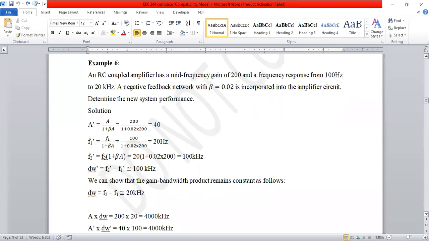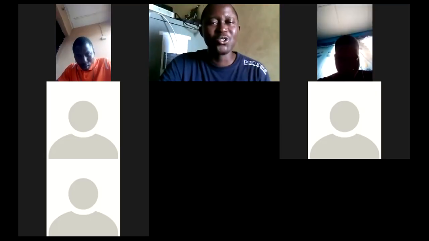Basically, the system performance depends on the gain and the bandwidth. After the negative feedback is applied, there will be a new gain and a new bandwidth. So we want to calculate that. Then we are going to check whether the gain multiplied by bandwidth before feedback is equal to gain multiplied by bandwidth after feedback.